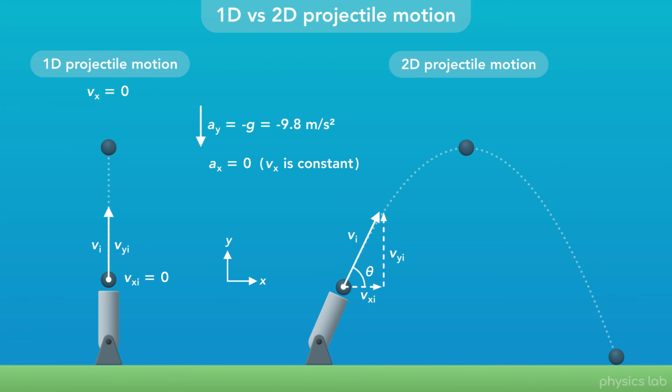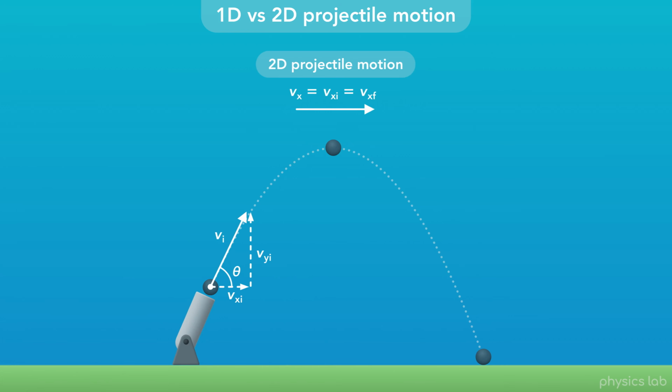Ax is 0. So the horizontal velocity, Vx, is constant the entire time. The final x velocity at any time is the same as the initial x velocity. In 2D projectile motion, we call the horizontal displacement the range of the projectile motion. That's how far the object travels in the x direction.